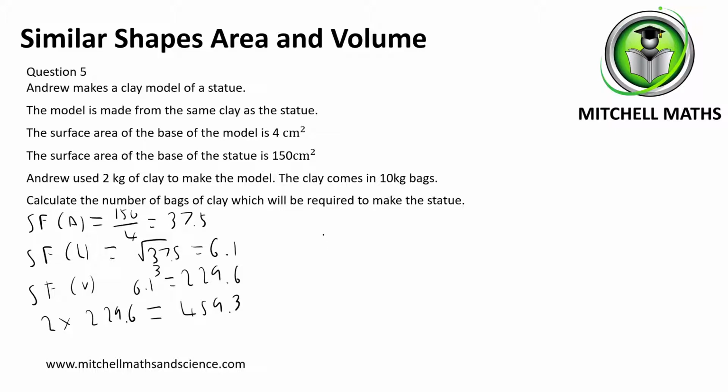And then you can do that divided by 10, and that equals 45.93. So you need over 45 bags, so even if it was 45.1, you still need to round up because you need to know how many bags he needs to complete the statue. So it's going to be 46 bags.